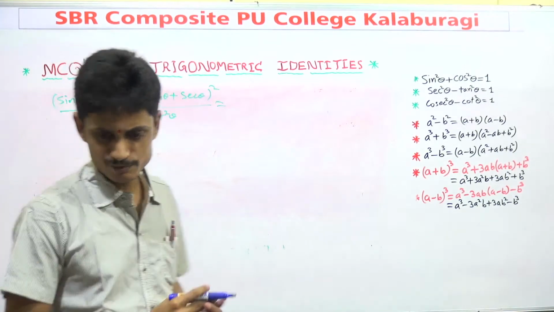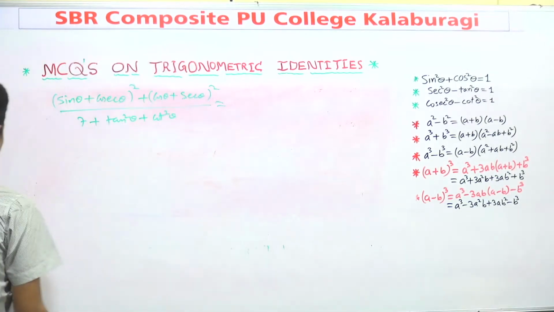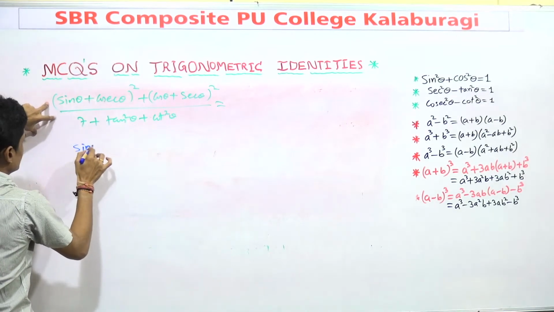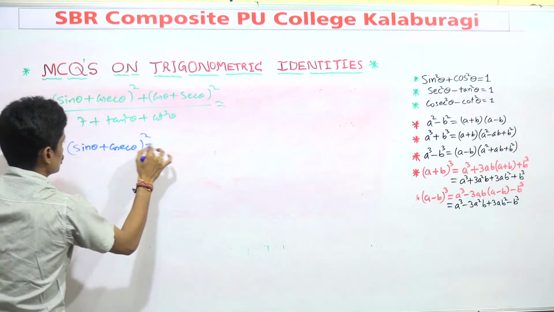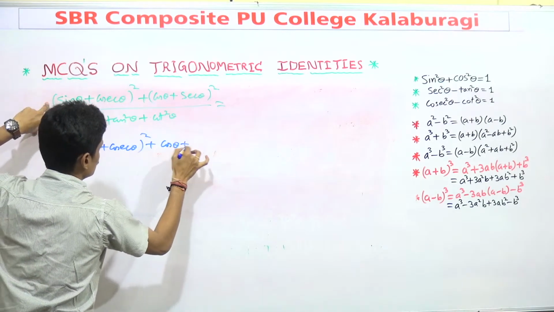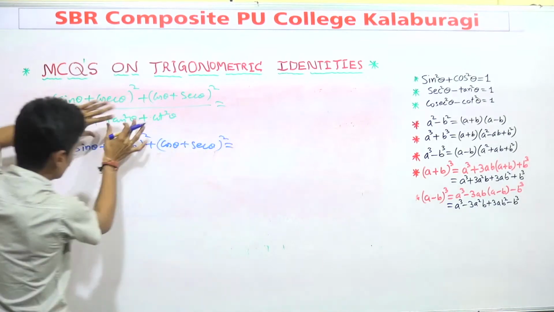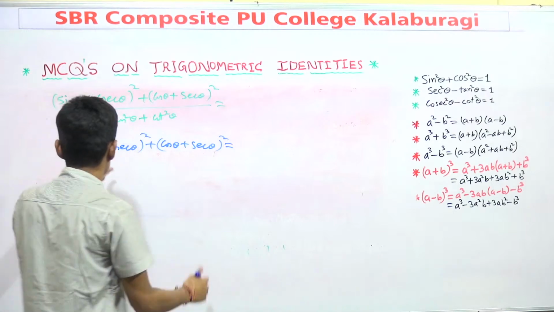Next. First we take the numerator part, that is sin theta plus cosecant theta whole square, plus cos theta plus secant theta whole square. After that we take the denominator, but you just have to try the numerator part. What is this?